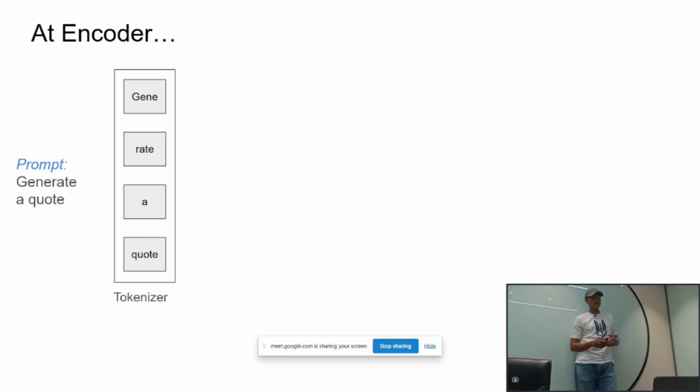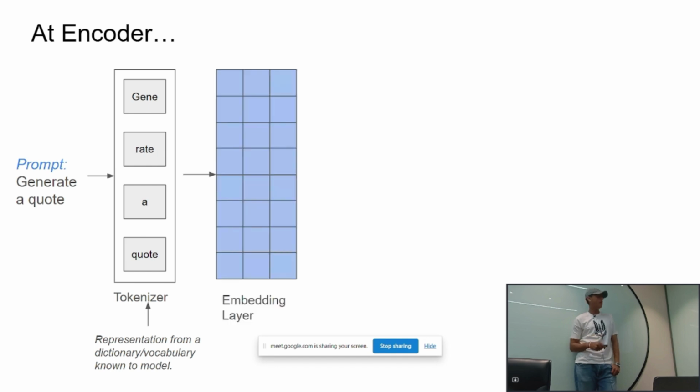These words may be correct English words, or they may be some broken up representations that the model understands. For example, in this case, generate is broken into gene and rate. That is how the model understands these words. These are from a large dictionary or vocabulary that the model understands. So the tokenizer's job is to break this input into understandable words.